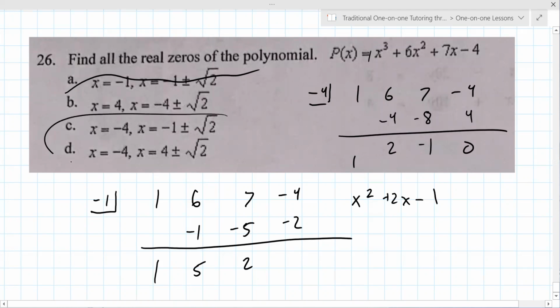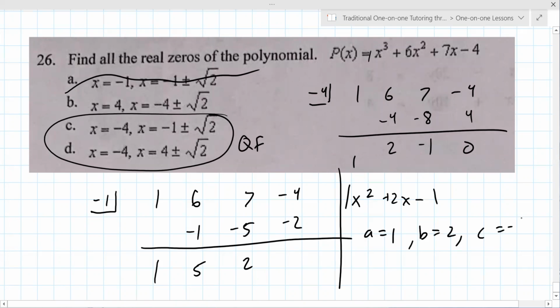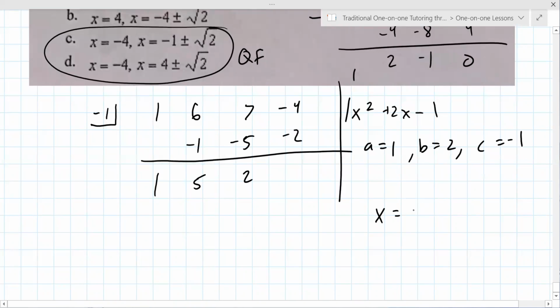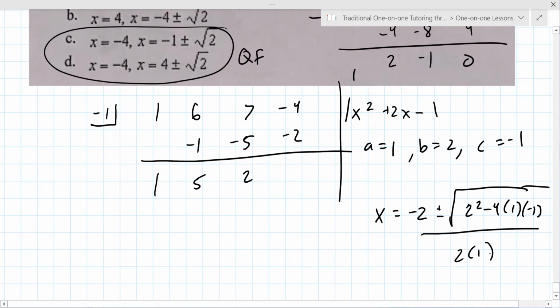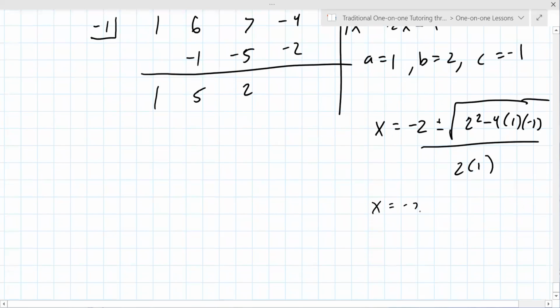Based on these answers here, you're using the quadratic formula. So a equals 1, b equals 2, c equals -1. So your quadratic formula is minus b plus or minus the square root of b squared minus 4 times a times c all over 2 times a. If that's not clear, we can look that up and do it again, but you've probably been doing this for a while.